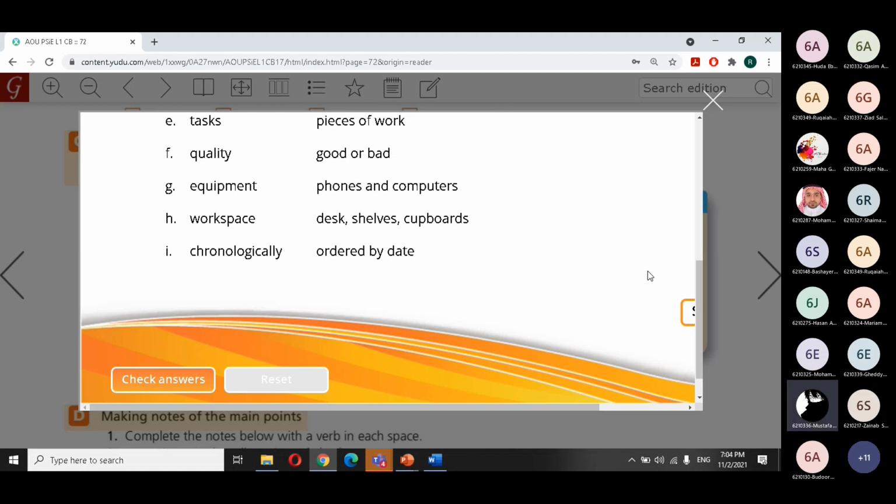When you organize them by date, we call it chronological. When you organize them by name, we say it is alphabetical order. So he mentioned in the listening two ways of organizing files: alphabetical and chronological. Alphabetical means by name, chronological means by date.